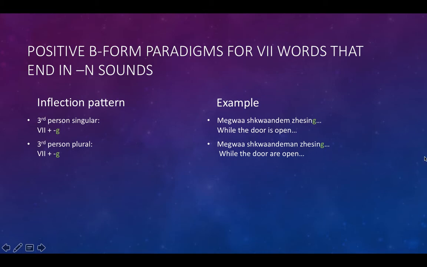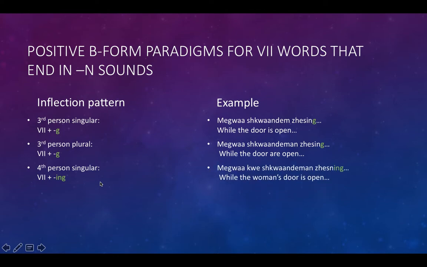So moving on to fourth person singular. Fourth person singular is our VI word, and then instead of adding nig to the end, we're just adding ing to the end. So Megwa kwe shkwandaman jesning. We're also getting rid of that I sound right before the N sound in our VI word.